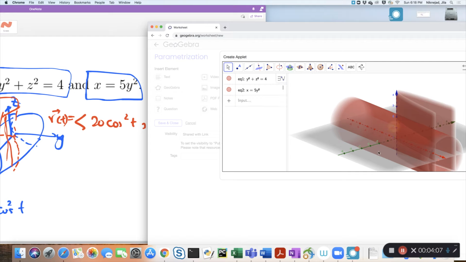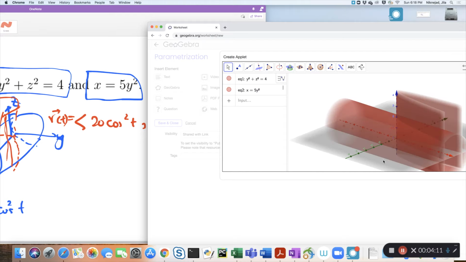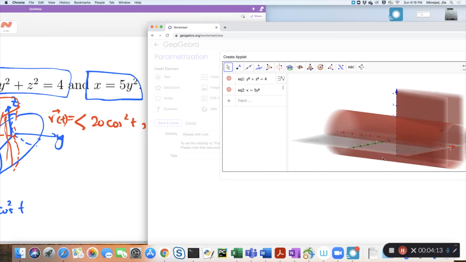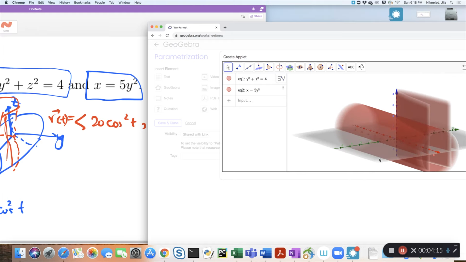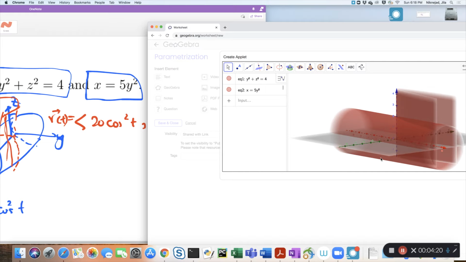And I can see that these are intersecting, and I can see that sort of a shadow. I just want to make sure that I know what those shadows are, right?